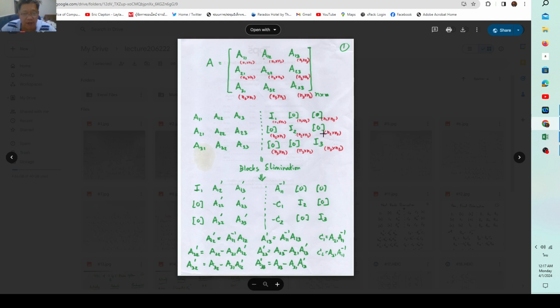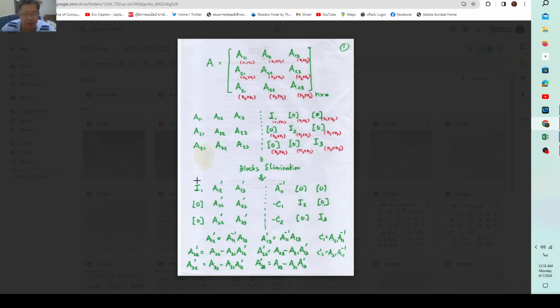So when A21 multiplies I1 it becomes A21, and then you subtract it from the original value of A21, you get the 0 matrix.